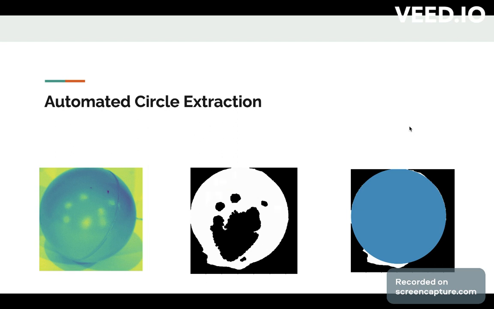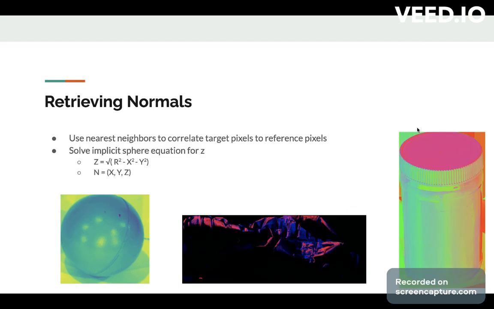After capturing all of my images, the first step was to extract my sphere. I cropped out a region of the image with just my sphere and then applied some thresholding to create this binary mask, and tried to maximize the amount of white pixels over the circle area. Then I used a k-nearest neighbors algorithm to map pixels from my target image onto pixels within the sphere image.